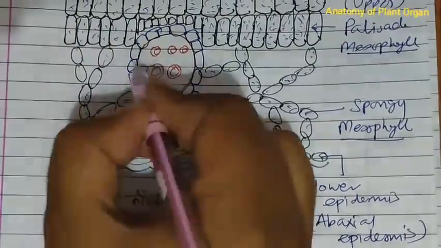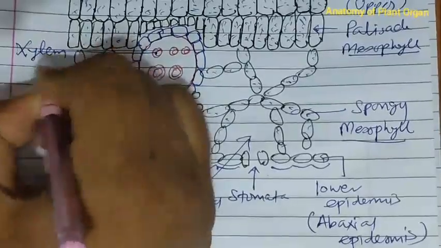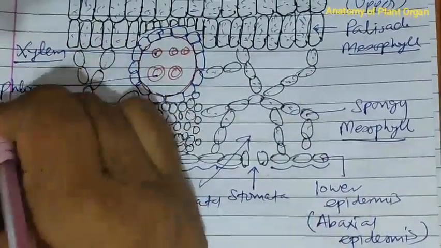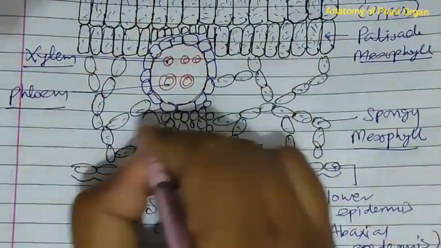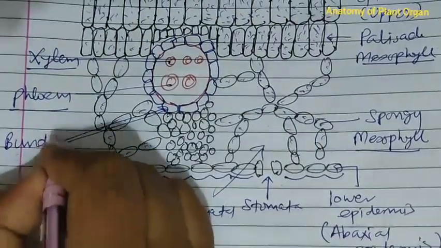Okay, here these are xylem and these are phloem. So xylem is present towards the upper epidermis and phloem is present towards the lower epidermis, and they are covered by a specific layer of bundle sheath.